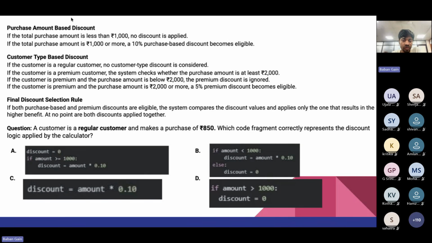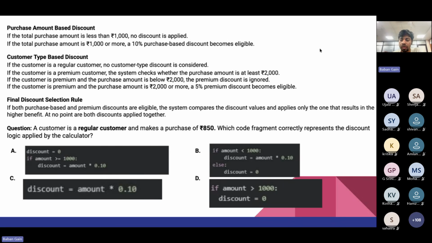And the final condition is that, suppose the customer is getting 50 rupees discount from the purchase based discount type, and maybe 100 rupees discount from the customer type discount, he can only get one of them, and obviously they will go for the maximum. So between 50 and 100, it will be 100 only. Okay. So these are the rules of purchase here.